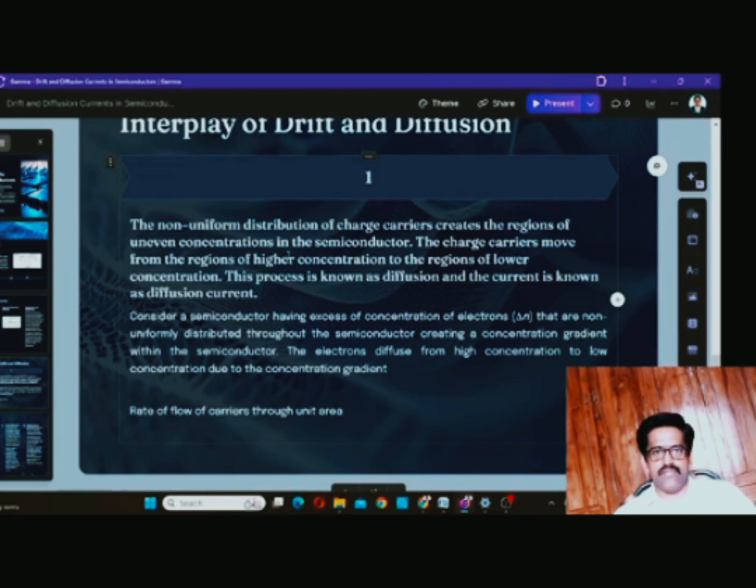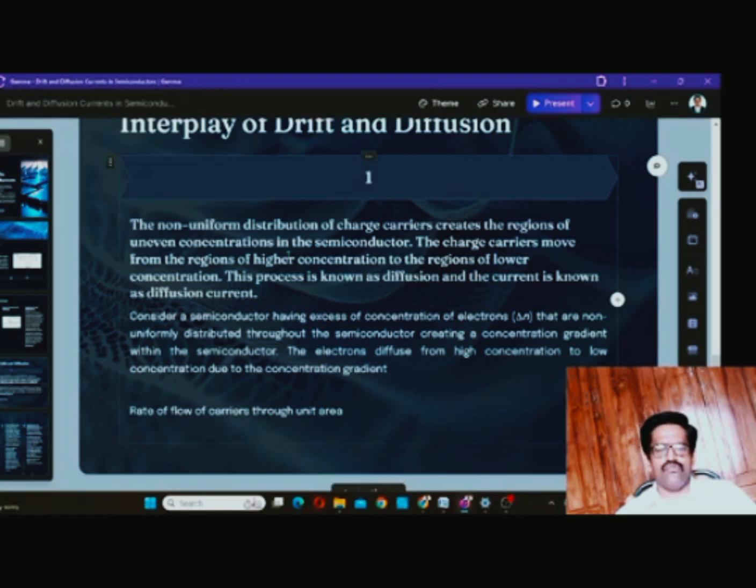This phenomenon is known as diffusion current. Without applying any external field, due to this unbalanced distribution of charge carriers, current flows from the high concentration region to the low concentration region.